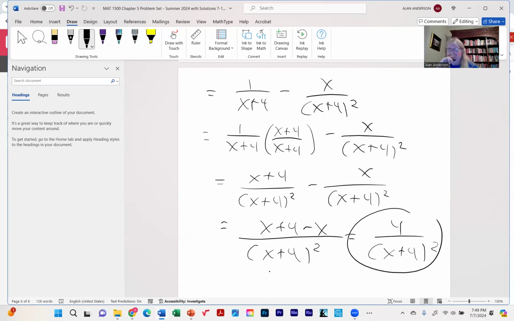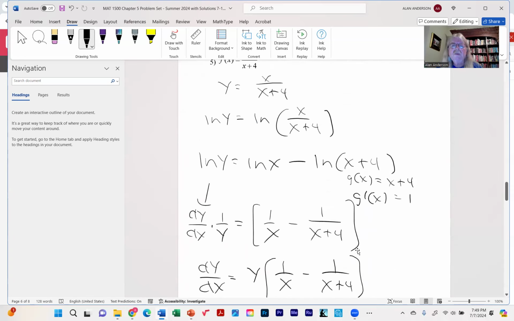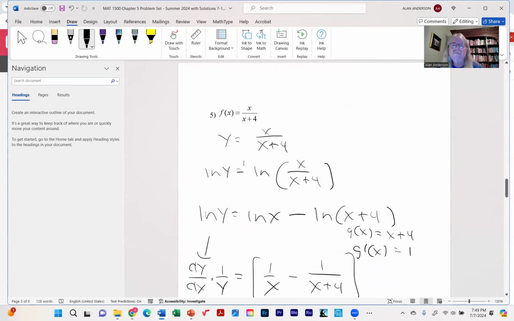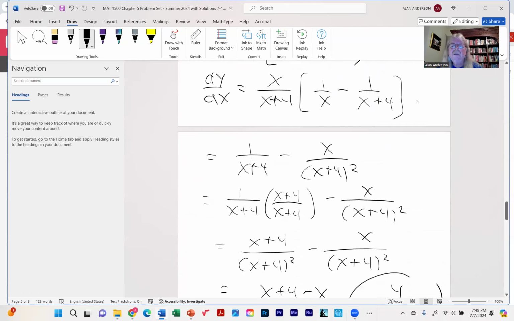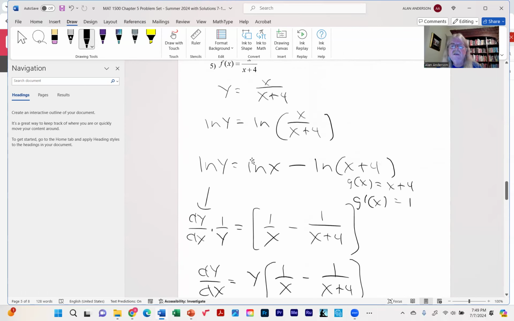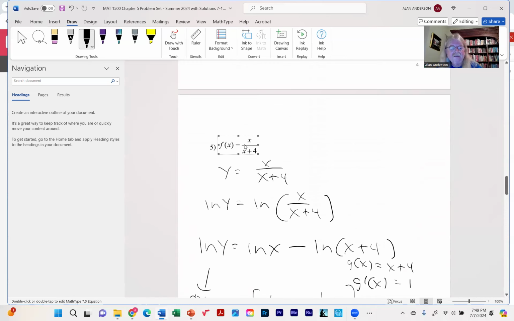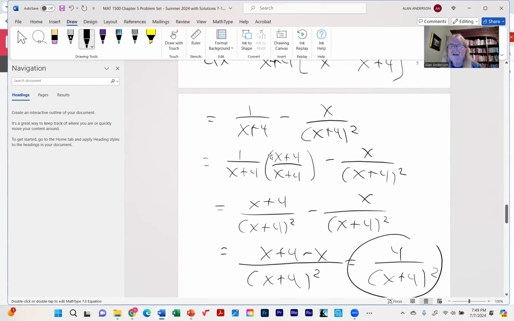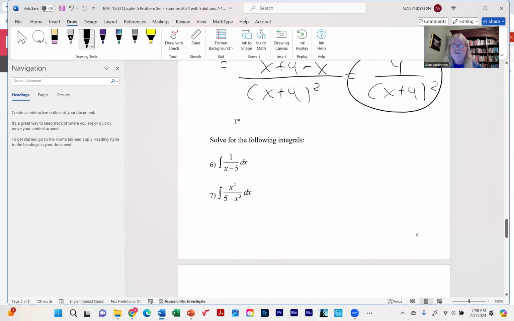And again, if you want to do a double check, you can apply the quotient rule. Because maybe you don't think you did it right. Or maybe you'll want to get some practice. All right, so let's do this.